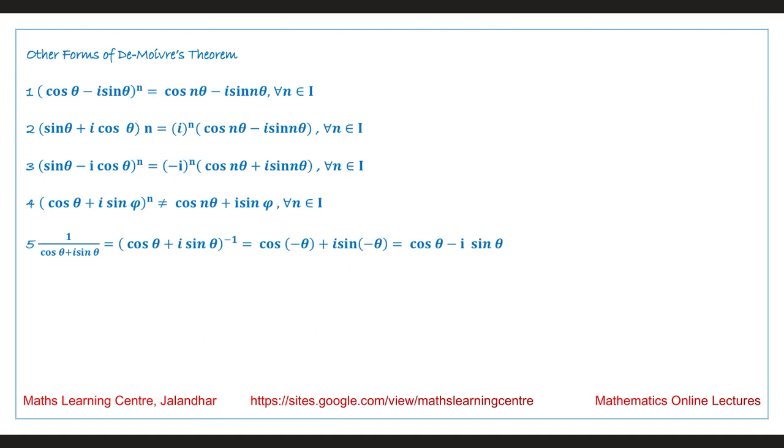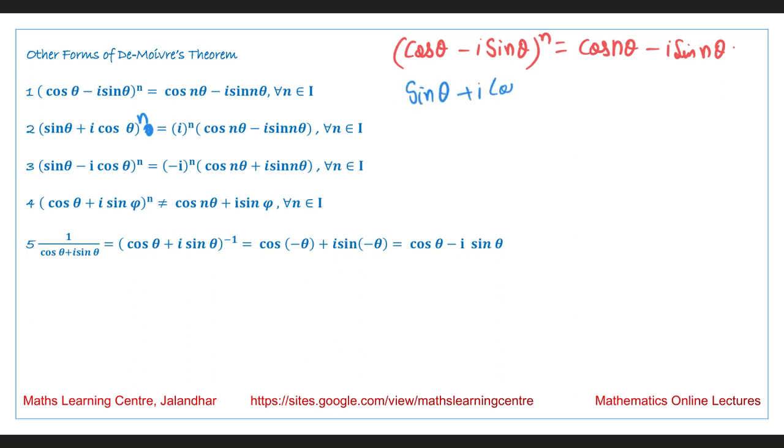Some other forms of De Moivre's theorem are given over here. The first is that if (cos theta - i sin theta) raised to the power n is there, then the answer will be cos n theta - i sin n theta. Next, if we have (sin theta + i cos theta) raised to the power n, taking i common we get (cos theta - i sin theta) raised to the power n.